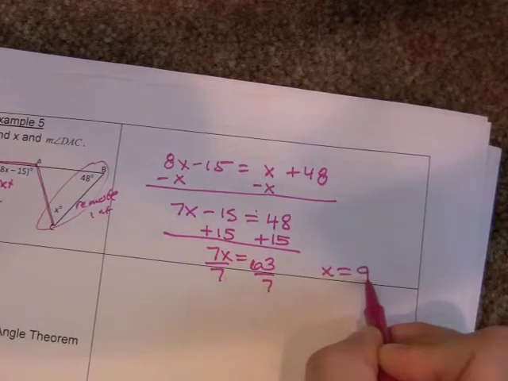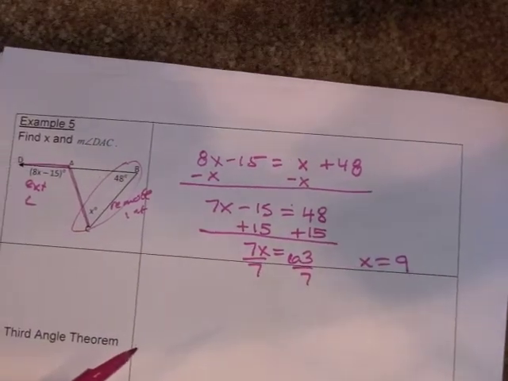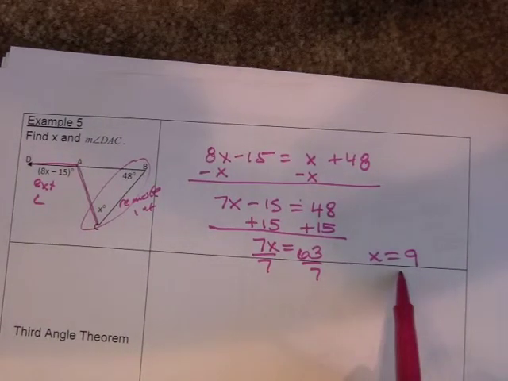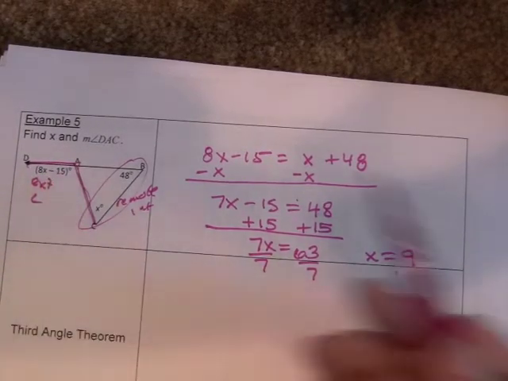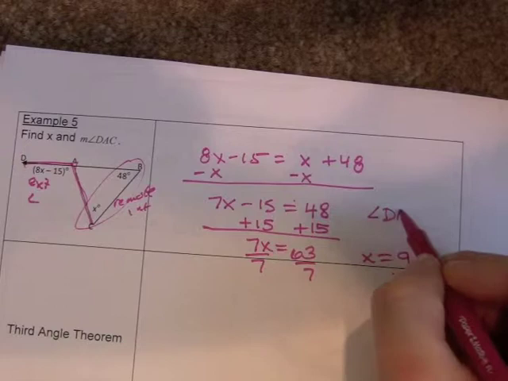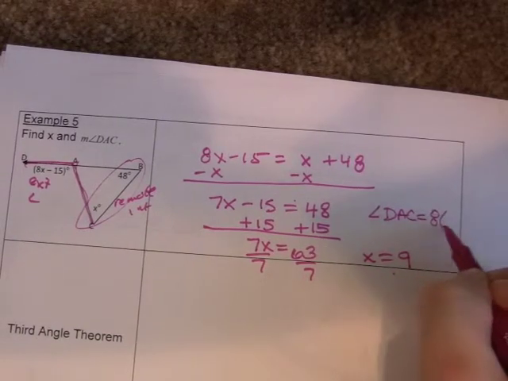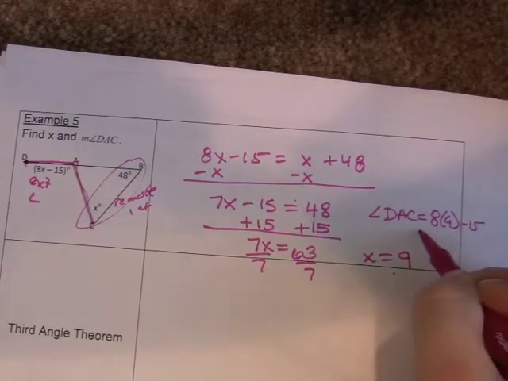So x is 9. Now that I know what x is, what I want to do is substitute back into angle DAC, which is represented by 8x minus 15. So angle DAC will equal 8 times 9 minus 15.